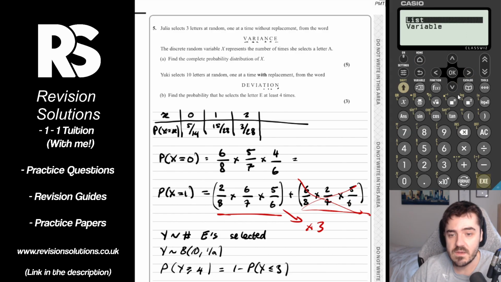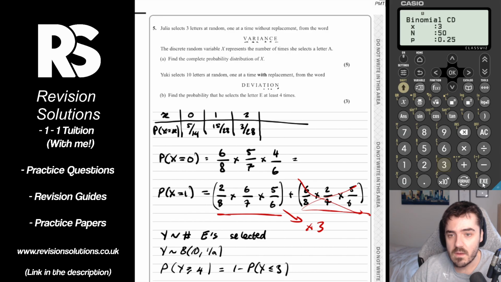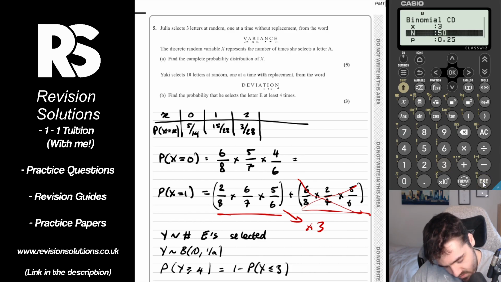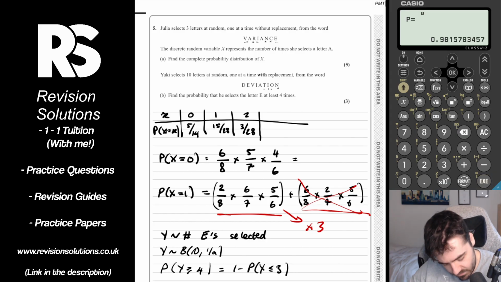So CD, variable, just because I'm interested in calculating one value only. So 3, and a sample size of 10 and a p-value of 1 in 9. So that means we'd have 1 minus 0.9815.